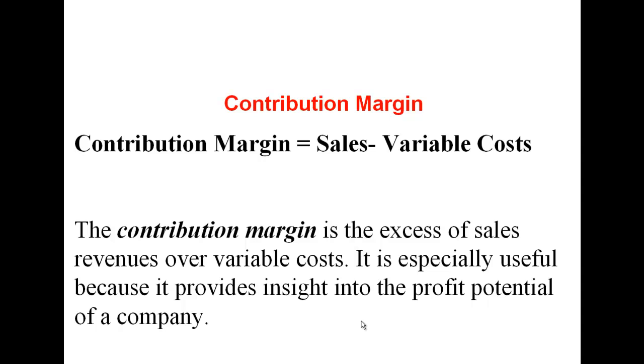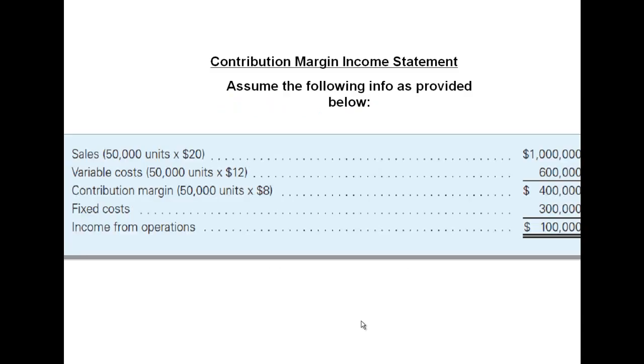And what the contribution margin is, it's simply the difference between the sales and the variable cost, right? And this is pretty cool because, like I said before, as you can see here, it's very useful in providing insight into the profit potential of a company. So let's take a look here. If we were given this information, we can see if we had sales at this level and that price, and the variable cost, contribution margin is $400,000. Our fixed cost in this example is $300,000.